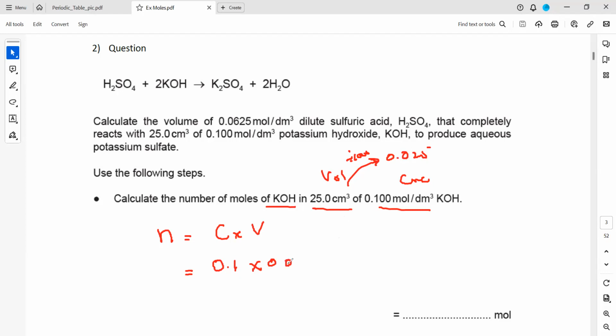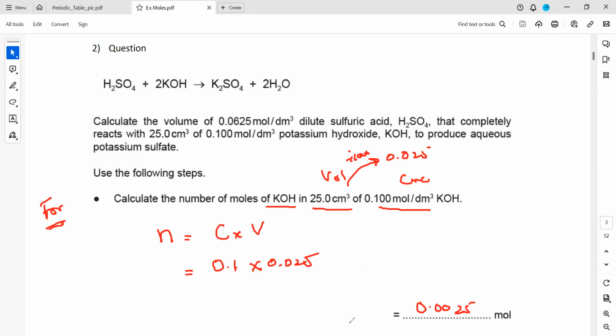When we multiply both of them, 0.1 multiplied by 0.025, it will be 0.0025. So the answer here is 0.0025. Is it clear? This is the first part, which we solve by using a formula.